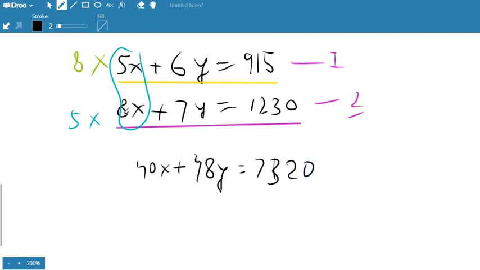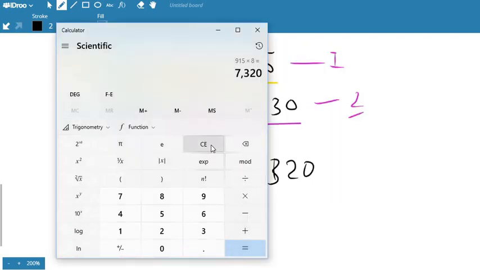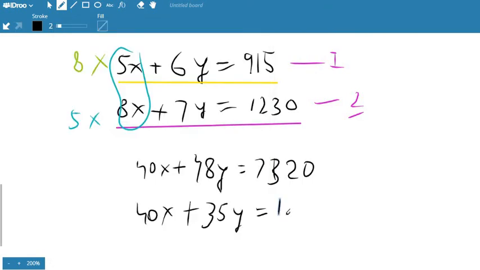And if I multiply the second equation with 5, I get 40x plus 35y equals 1230 multiplied by 5, which is 6150.